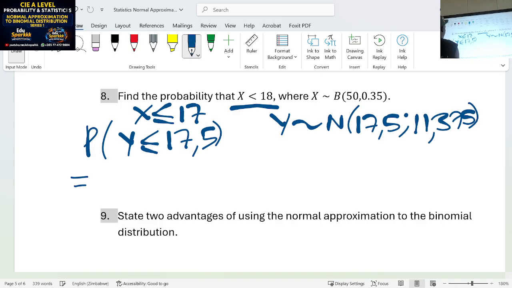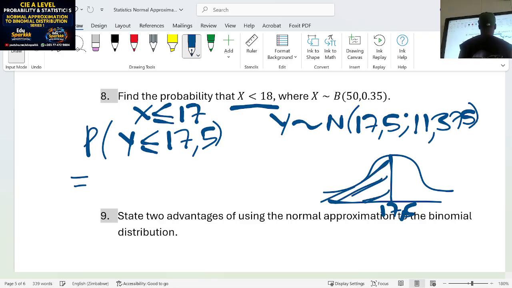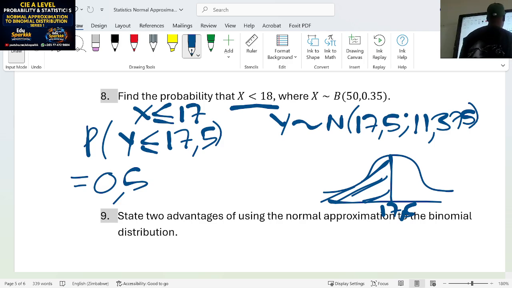As we standardize, let's first look at the picture of our distribution. This is 17.5, and we are interested in less than or equal to 17.5. In other words, we are interested in this region. So this is basically 0.5. I think that's what we'll get.